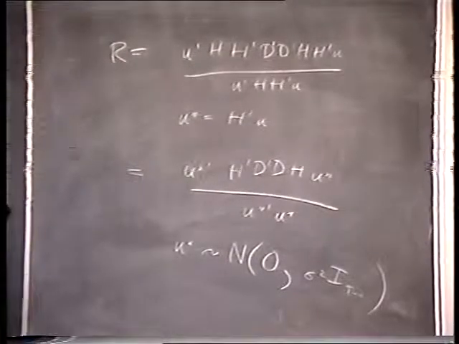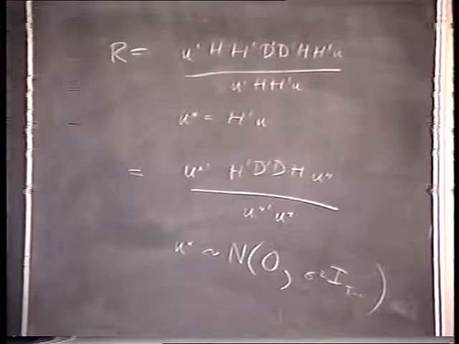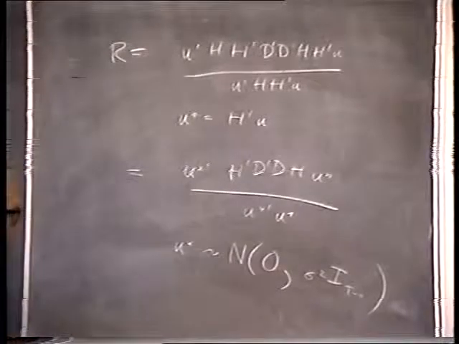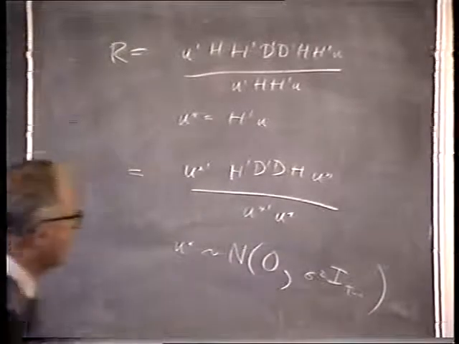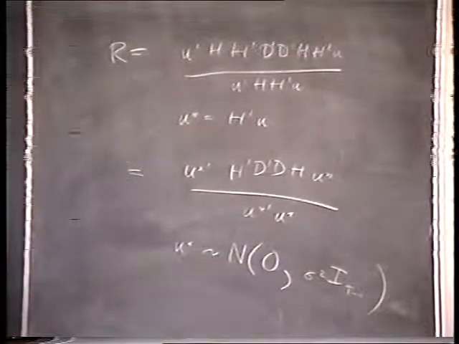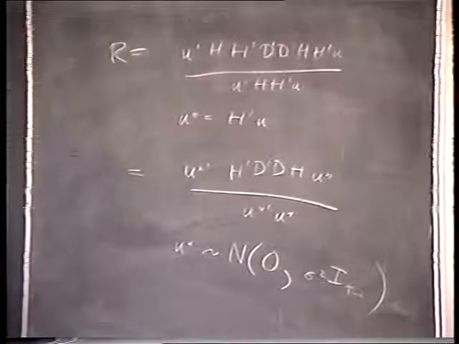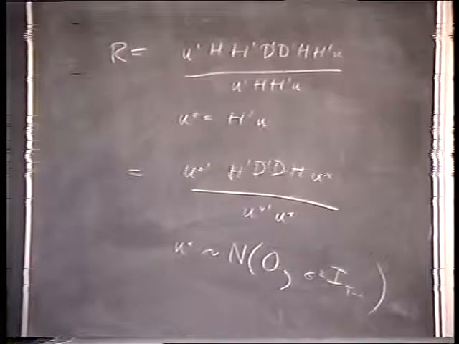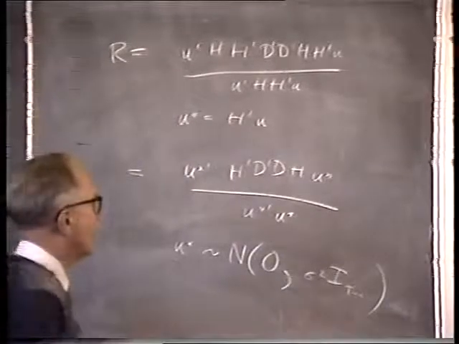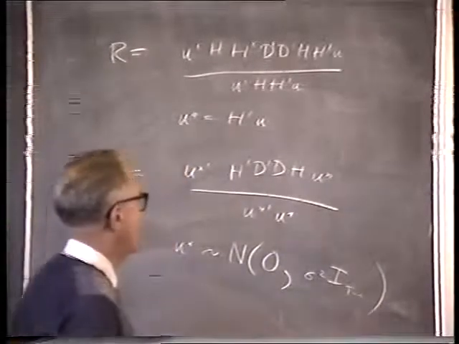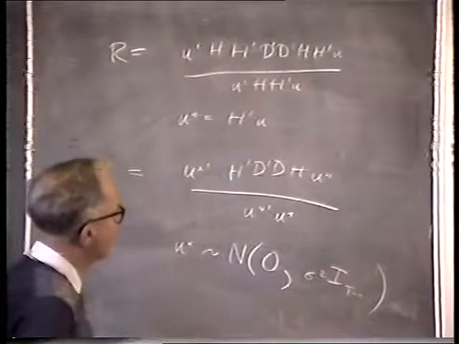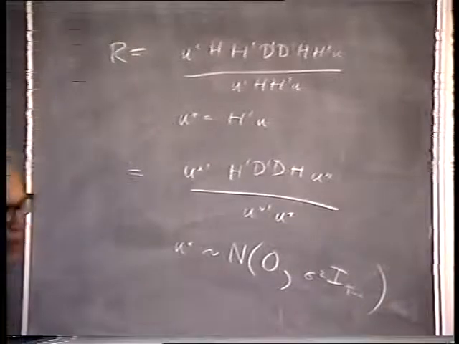What we have here is a ratio of two quadratic forms, one of which happens to be transformable to just a sum of squares in the denominator, but in the numerator we have a general, in this case, non-negative definite matrix, order T minus N by T minus N.